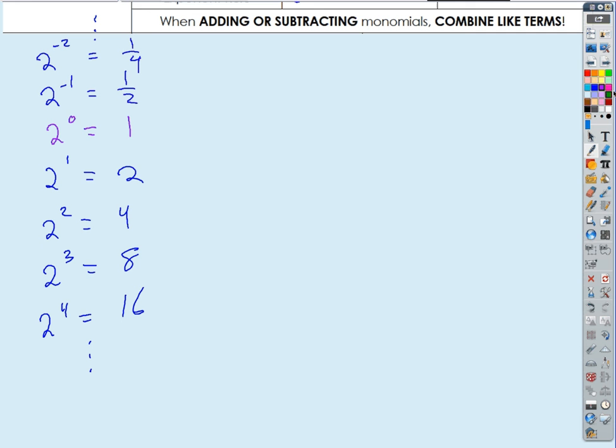What if we try to do it with zeros? 0 to the 1 is what? 0. 0 to the 2 is 0. 0 to the minus 1 is undefined, right? Because you can't divide by 0. So it's not really going to work with zeros, because we can't even go this direction.